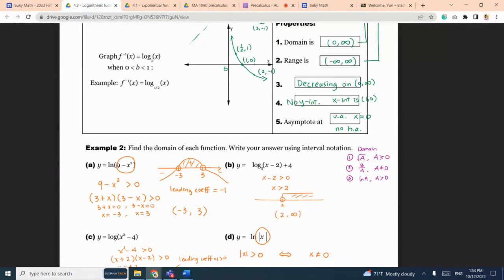My leading coefficient is negative, so that's why I start with the right lower corner. And we're looking for positive, so you have the same answer. You don't have to make the leading coefficient positive. You can do both ways. Just make sure you don't get confused. Any questions?